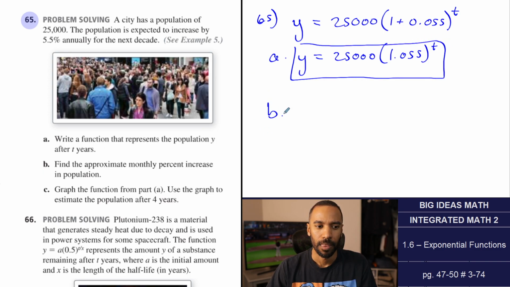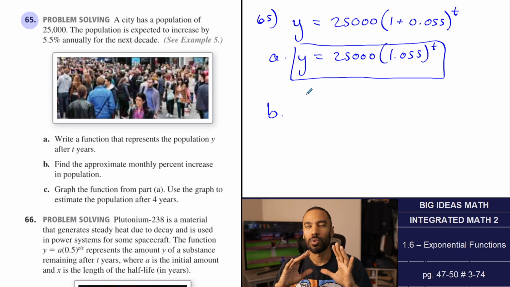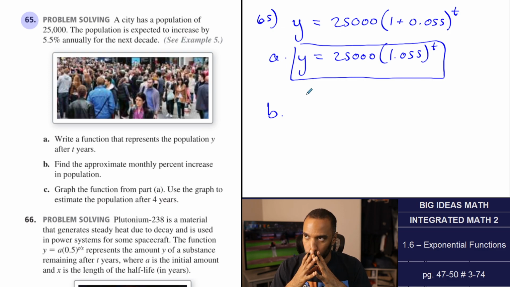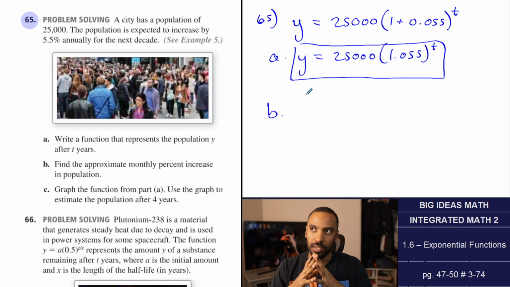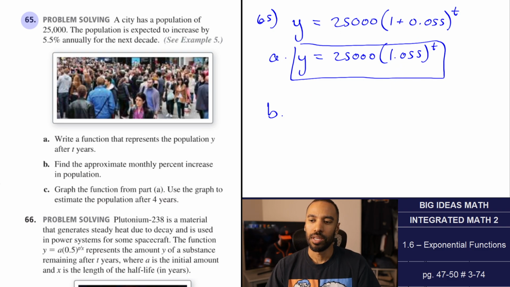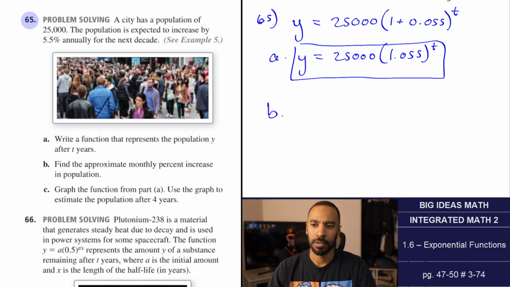Part B, find the approximate monthly percent increase in population. So now what we're trying to do, let's see, I don't want to do this backwards. We need to put kind of a 12 up there. Now, see, here t is in years. We want to now put t in months.